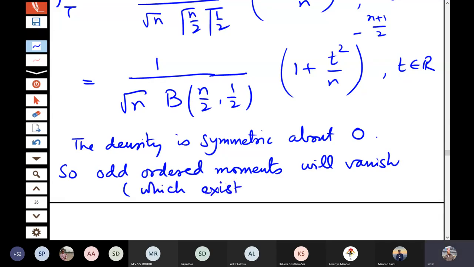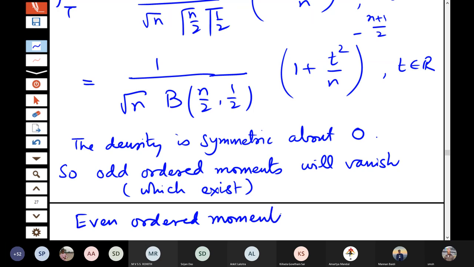Unlike the normal distribution, where all the moments exist because e to the power minus t square by 2 is there, here it's only a polynomial power, therefore all moments will not exist. In fact, we can say that even ordered moments exist of order less than n.